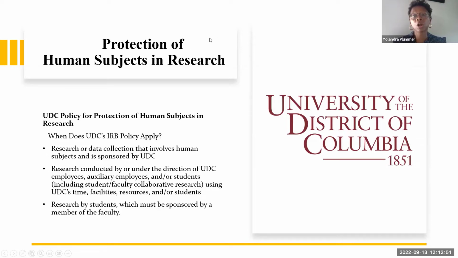And when students are conducting research with their professors, that too must be reviewed by the IRB. On those applications, the professor is the principal investigator and the student is the co-principal investigator.